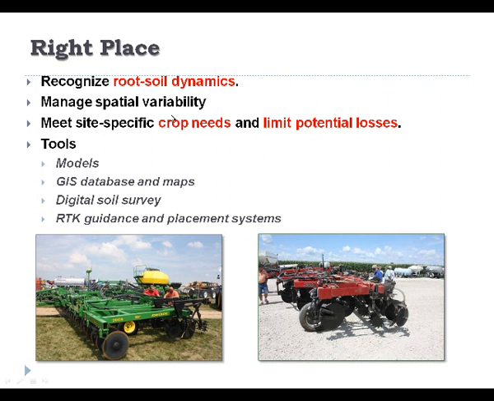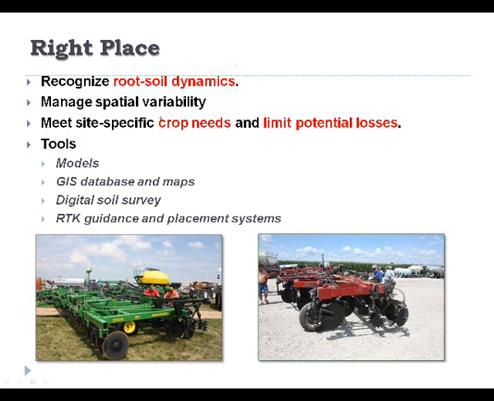The right place, looking at the dynamics of interaction between the roots and the soil. That's what really comes into play as far as making sure the nutrients are where the roots are, so they can be taken up as needed.